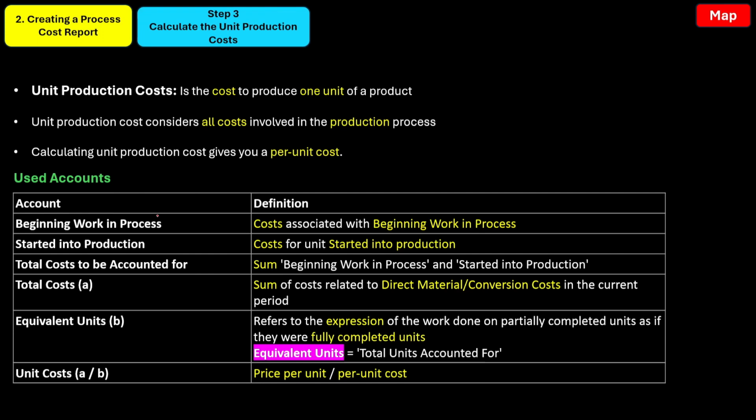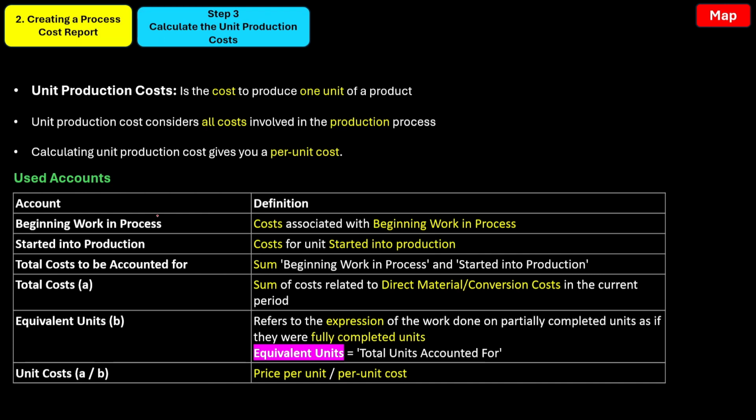And we can find our current cost by just looking, let's say if they give us an example of giving data, we could just look at anything that has to do with the direct materials and related to cost, we just add it up. So equivalent units, this refers to the expression of the work done on partially completed units as if they were fully completed units.